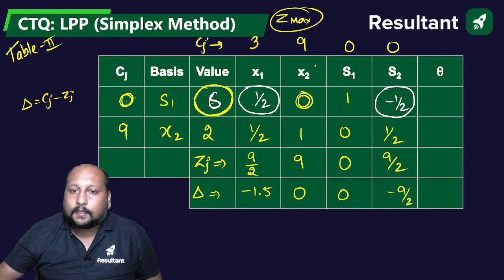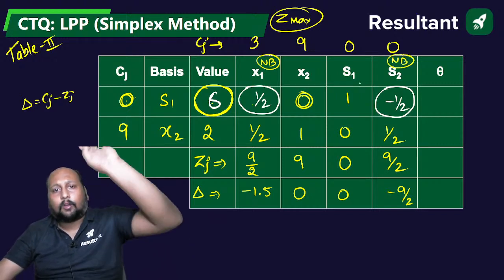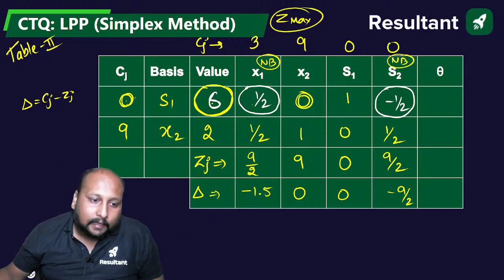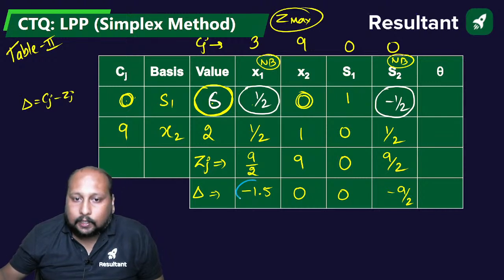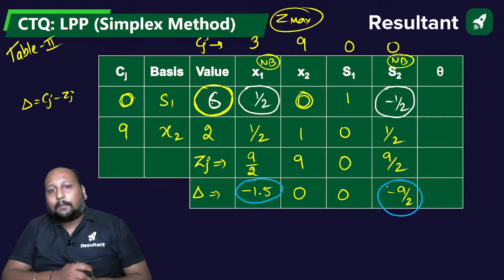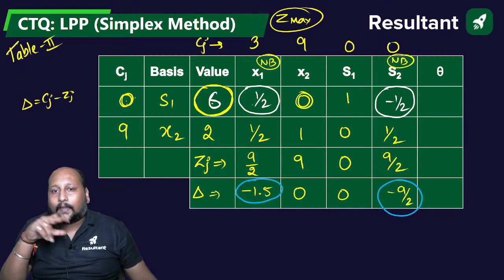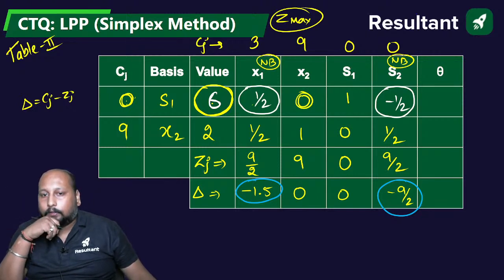So now if I ask you, we were talking about maximization problem. Non-basic variable कौन से हैं? x1 is non-basic and s2 is non-basic. We have only checked the value of non-basic. अब non-basic variable का delta value is, we are getting minus 1.5 and minus 9 by 2, that is 4.5. So tell me which non-basic variable you will be preferring to convert into basic, x1 वाला या s2 वाला?